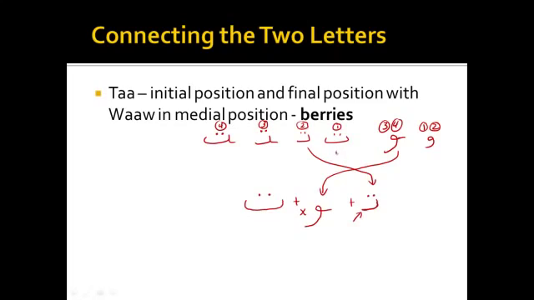So we're going to use this one here. Okay? And if we add all of these up together, we get this word here. Toot. And we pronounce it like this. Great.